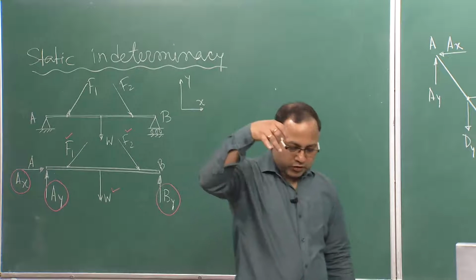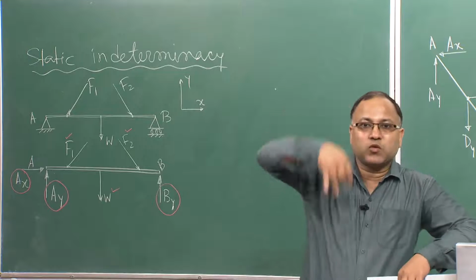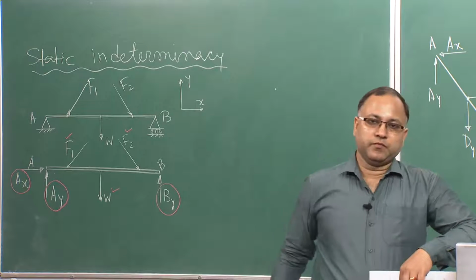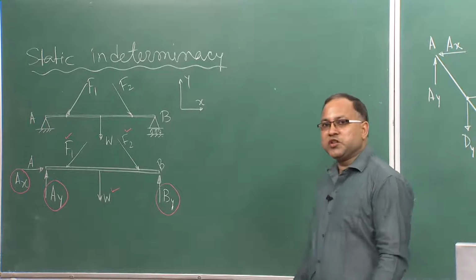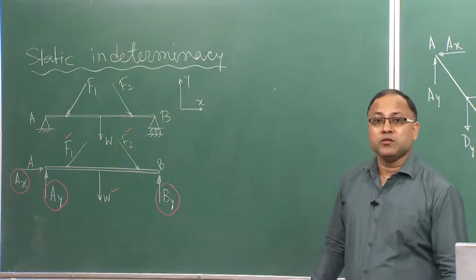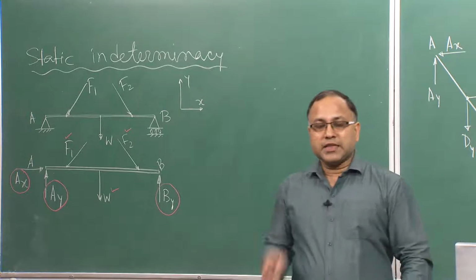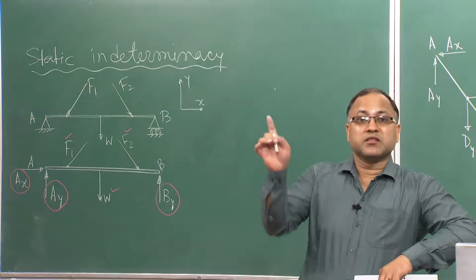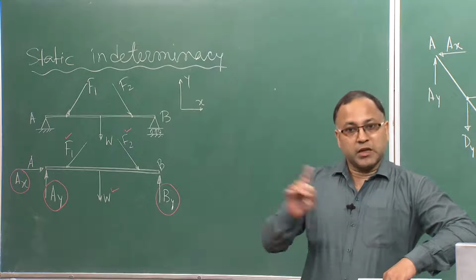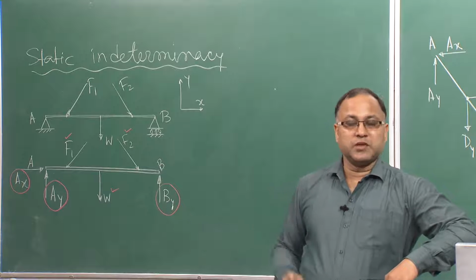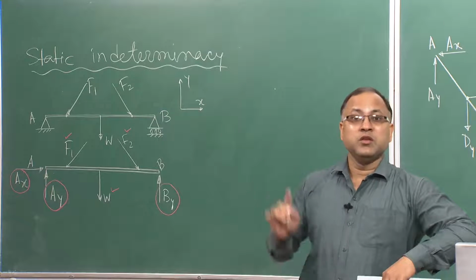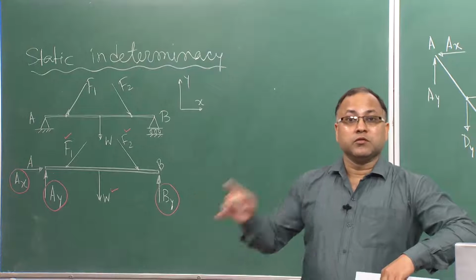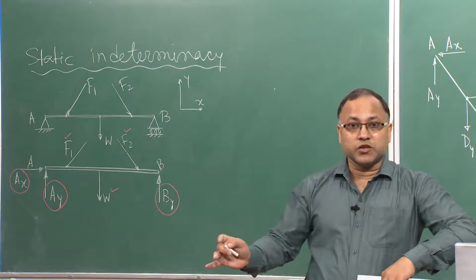All the forces are acting in xy plane, okay, there is no z direction force. So, how many equations of equilibrium are available with you? You had 6 equations of equilibrium, right. Summation of Fx equal to 0, summation of Fy equal to 0, summation of Fz equal to 0, similarly summation of Mx equal to 0, summation of My equal to 0, summation of Mz equal to 0. 3 force equations, 3 moment equations.